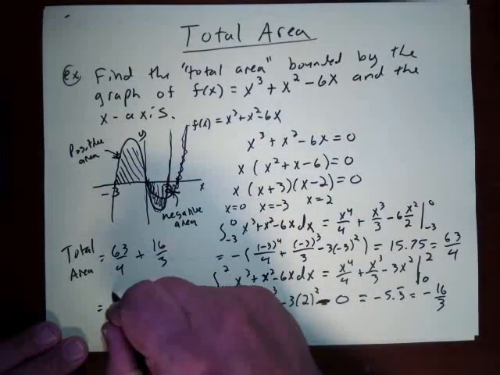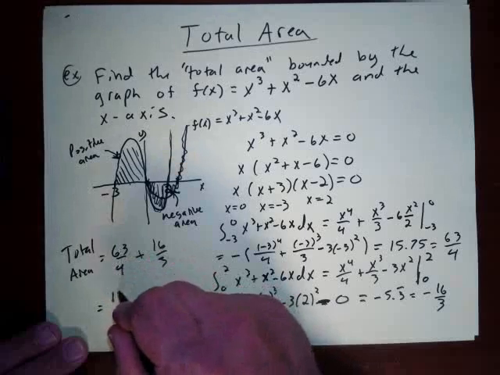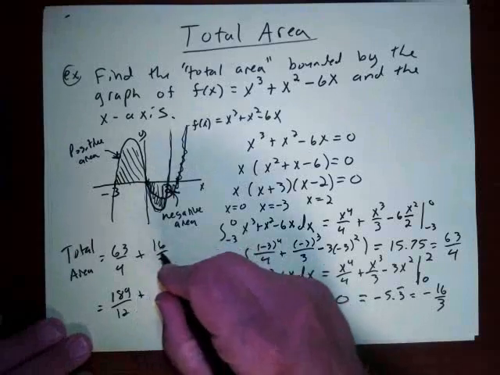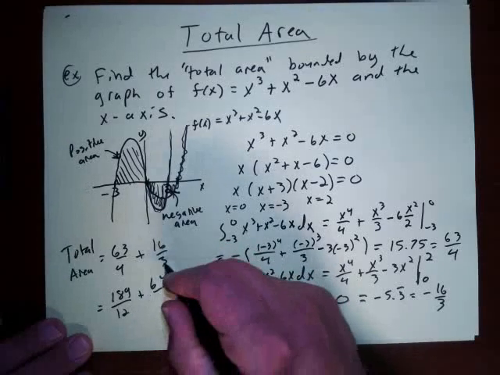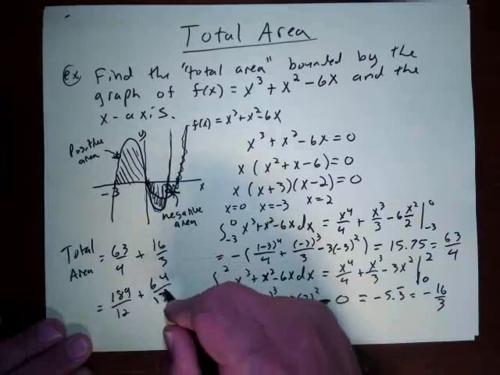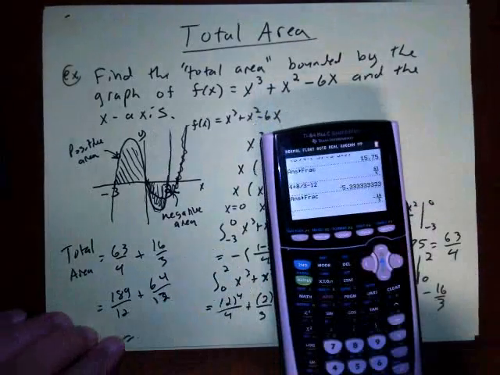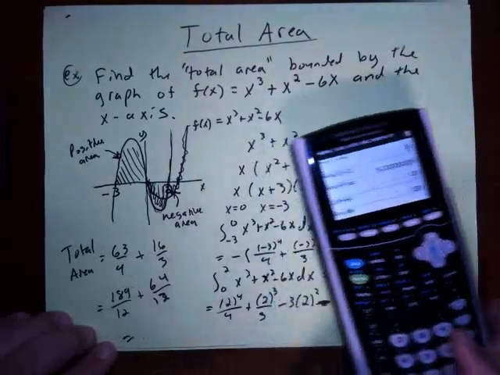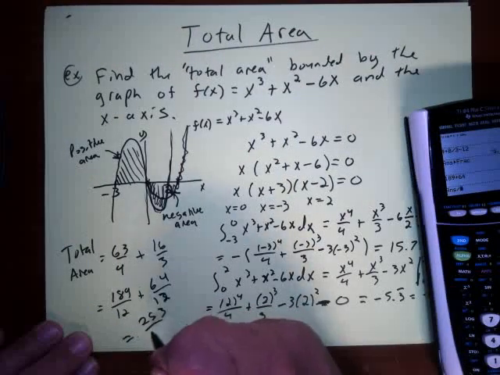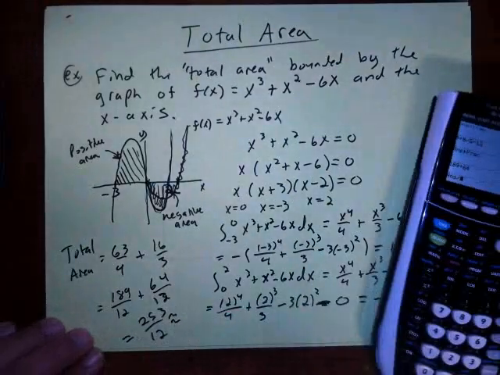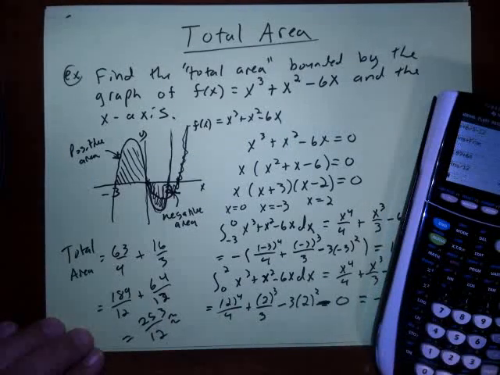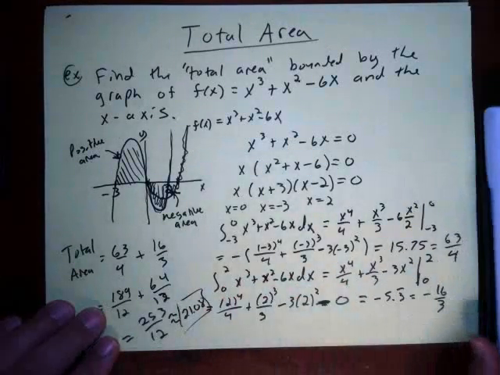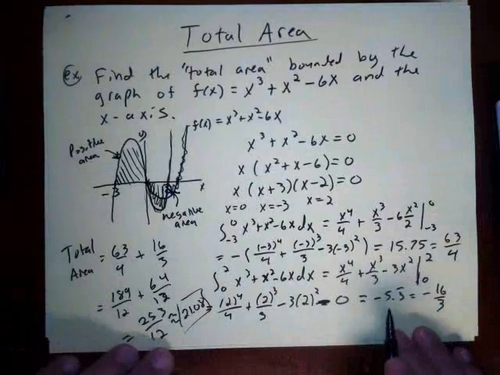So multiplying top and bottom by 3, 189 twelfths, and top and bottom by 4, 64 twelfths, and 189 plus 64 gives me 253/12, which is approximately 21.08. Okay, which is the sum of those two.